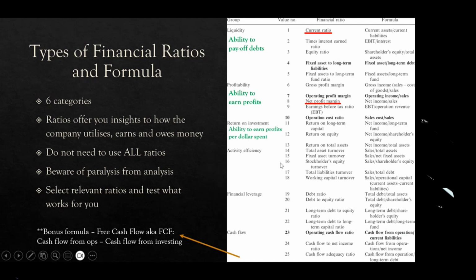Okay. Return on investment would mean the ability to earn profits per dollar spent. So this is something that we usually look at. And ROE, right? Return on equity is something that we usually will look at, or ROI in a sense, right? They refer to similar things. So net income over shareholders' equity.